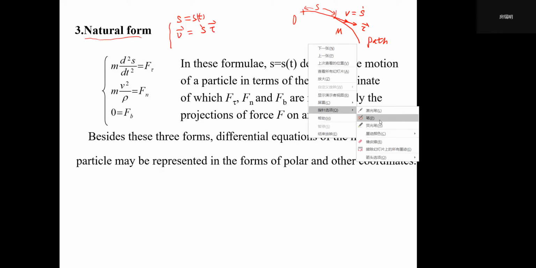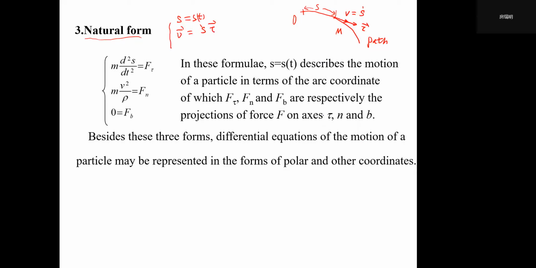When we talk about its acceleration, we need another direction, which is the normal line direction. It points to the center of curvature, 曲率中心. We call that the n direction.